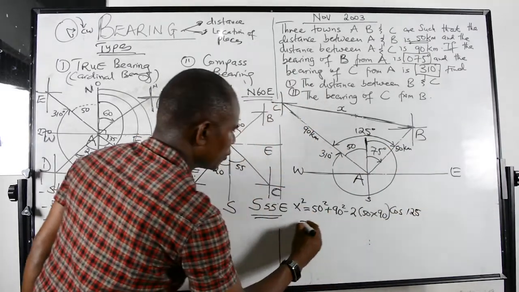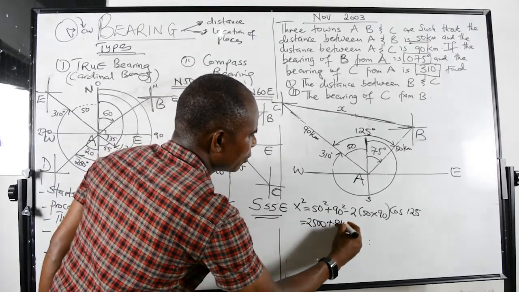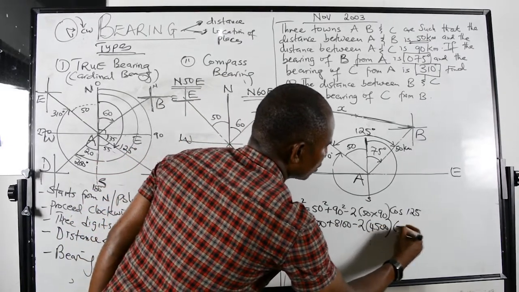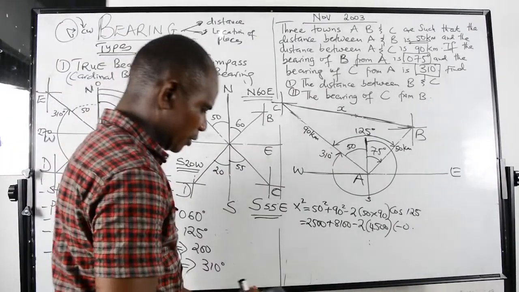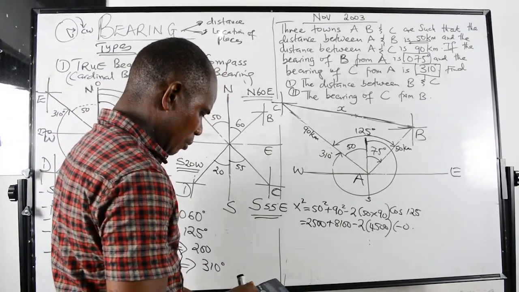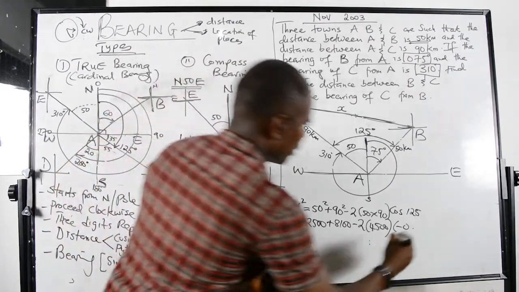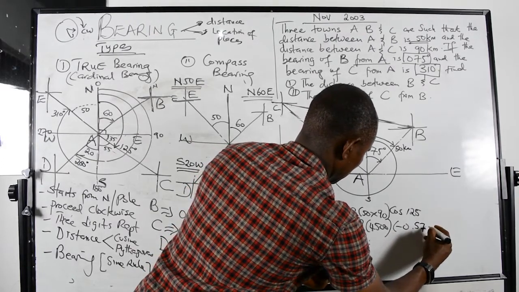So now you have, this is 2500 plus 8100. Then you have 2 into 4500. Then cos of 125. So you use your calculator and you punch cos 125. It's minus 0.5736.